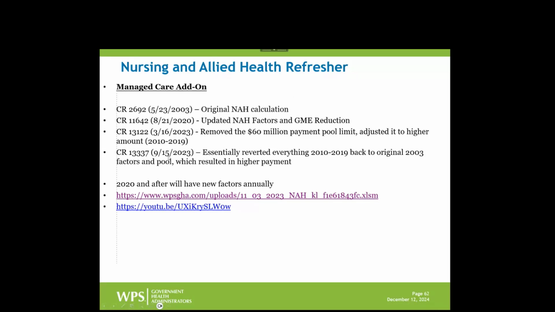So this CR, we had to go through the effort of showing the payment under the different scenarios and showing that old payment was higher, and that's what you received. But keep in mind, that stopped at 2019, barring any future legislation. 2020 and after do have new factors and a new pool number.